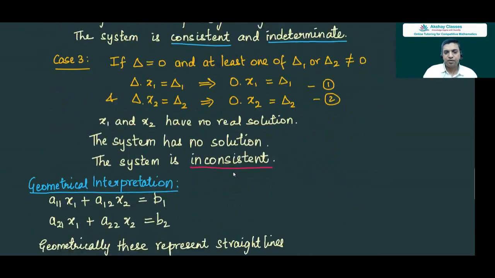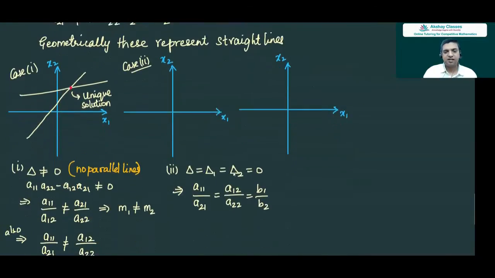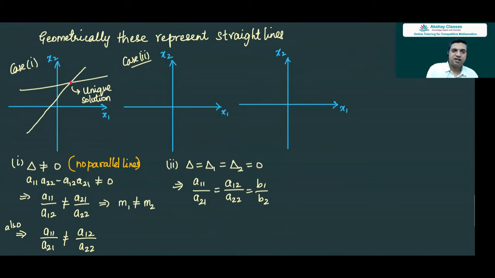So we get this. This is a case of two lines. They're not just parallel to each other, they are also coincident. These are two coincident lines.